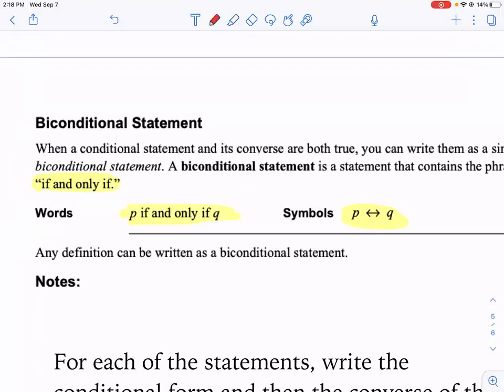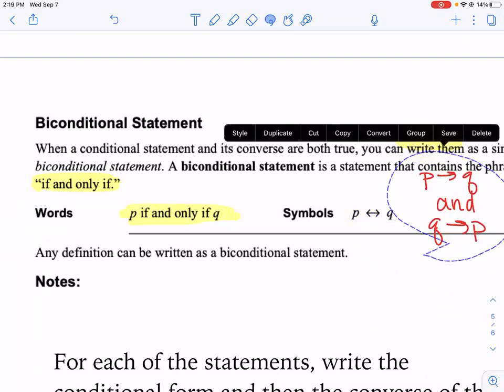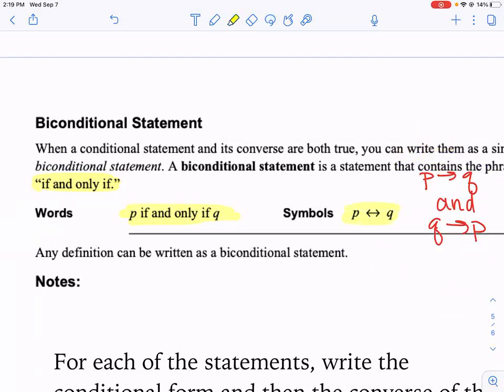That's because if it's a biconditional statement, then we could say P implies Q and Q implies P. If and only if means you can read both the conditional and the converse, and they both are true.